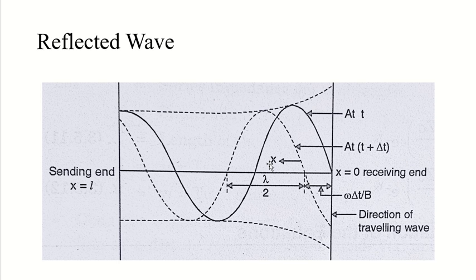Because VR minus ZC into IR will be 0, right? And such kinds of lines which are terminated in their characteristic impedance are called infinite lines.